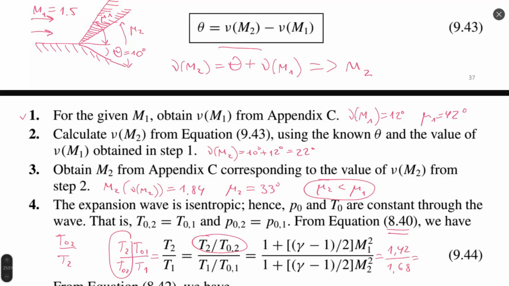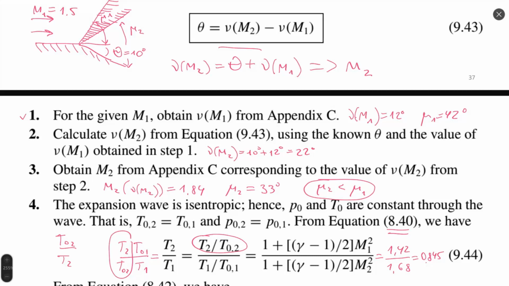If you receive something bigger than 1, probably you made a mistake on numerator and denominator position. Now I will calculate very fast. It's 0.845. And we have a drop of temperature as expected.